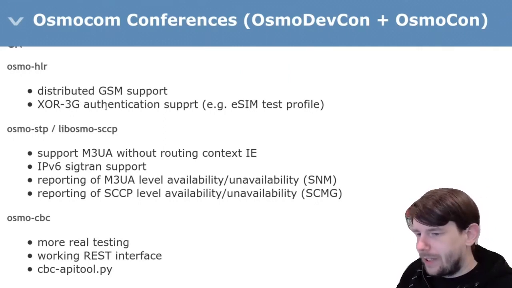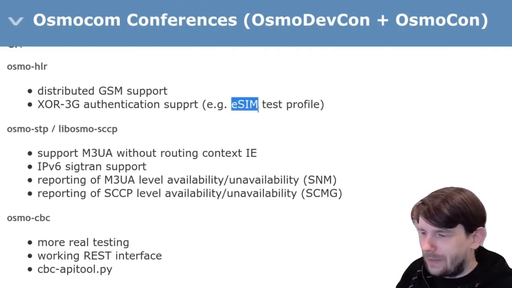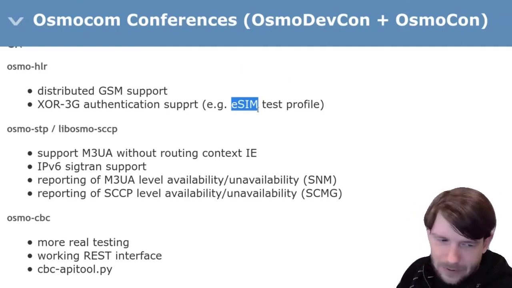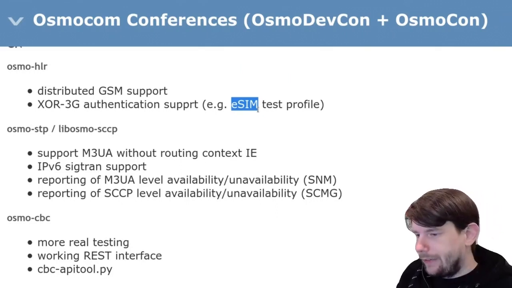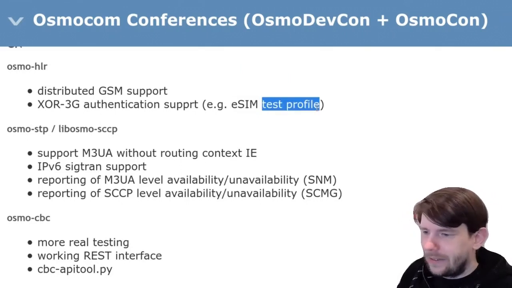The interesting bit of having this supported in Osmo HLR is that you can now use eSIMs. So sometimes you have devices with embedded SIMs these days, and you can now register such devices to an Osmocom network if you know how to enable the so-called eSIM test profile.